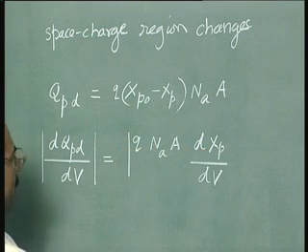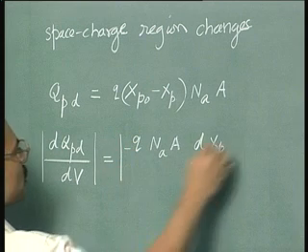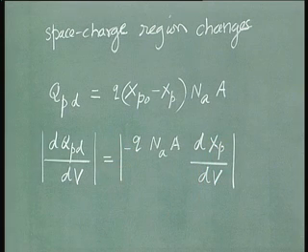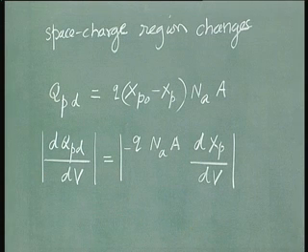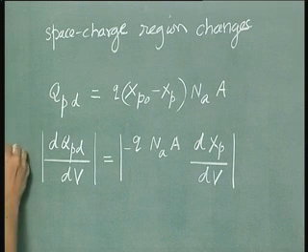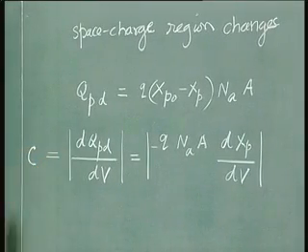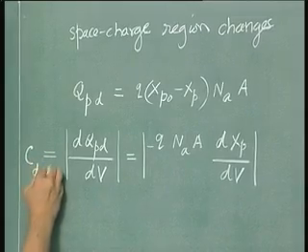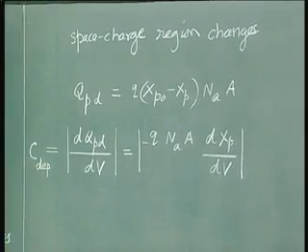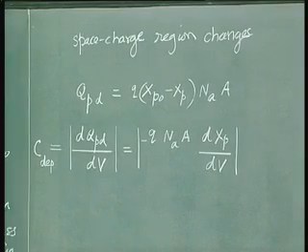There is a negative sign here because of minus Xp. So this would represent the capacitance contribution due to the space charge region. Normally this contribution is shown using a symbol C suffix depletion, because this is a capacitance due to changes in the depletion layer.